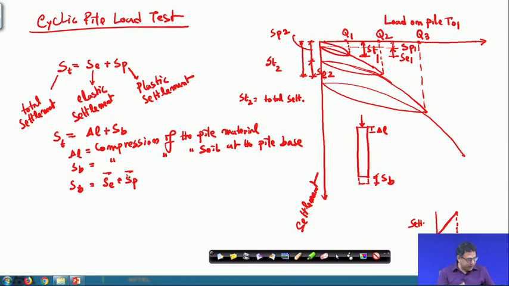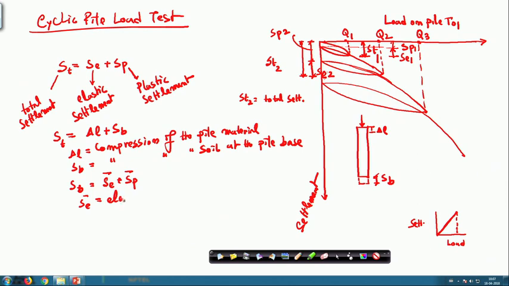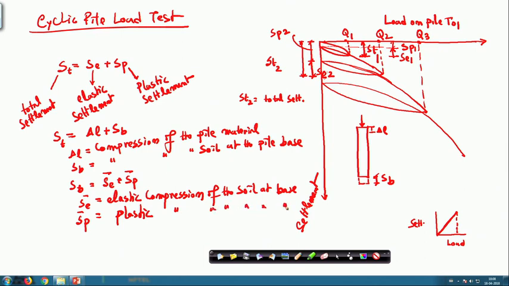So, I have written that SB is also the elastic part and the plastic part, where SE bar is equal to the elastic compression of the soil at base or pile base, and SP bar is the plastic compression of the soil at base.